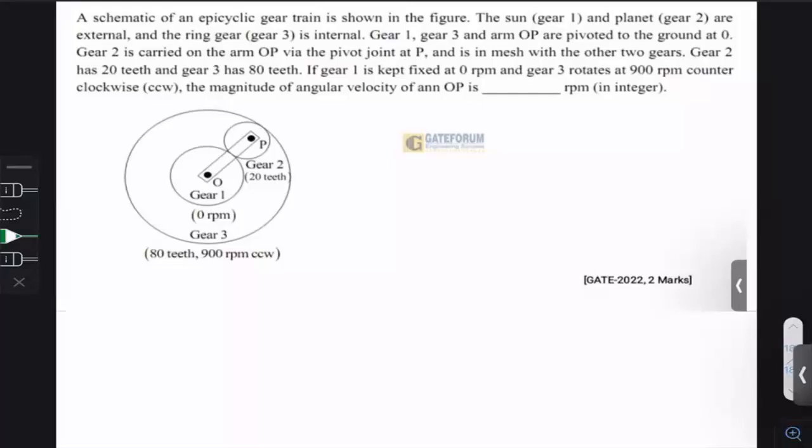So we know very well that the schematic diagram is given to us. A schematic of an epicyclic train is shown in the figure. The sun gear and the planet gear are external, and the ring gear 3 is internal. Gear 1, gear 3 and the arm are pivoted at the ground.